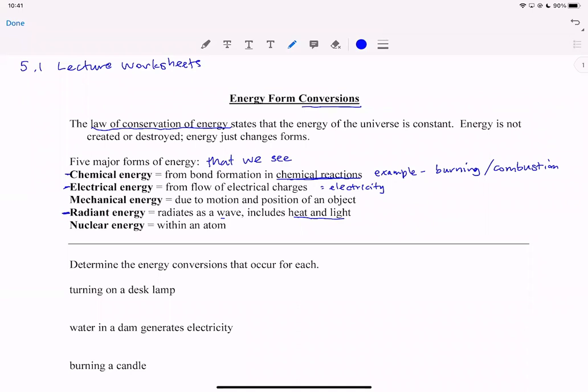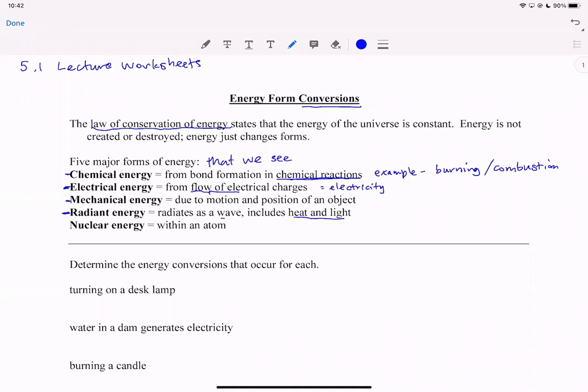Batteries are a stored source of energy. When you turn it on, it runs the electrical current through your thing that's battery powered. So that's electrical energy when you have a flow of electrical charges. Electricity can come from a battery. It can come from electricity in the house. When you plug something in, you turn on a switch, the same thing happens. You have a flow of electrical charges.